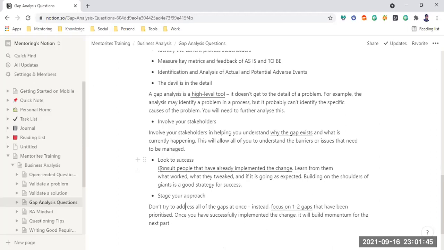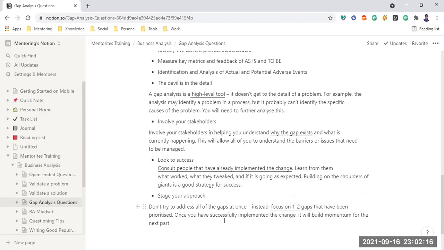There may be other people in your organization who have already implemented a similar change, so that would give you a good list of gaps as well. Use the traffic light signal mechanism to focus on the critical gaps, the really important ones. That's the gap analysis.